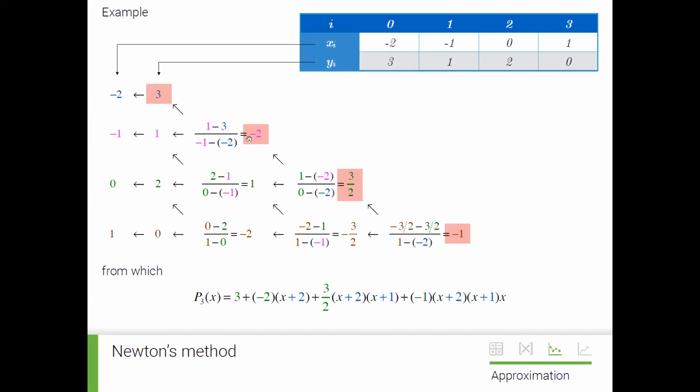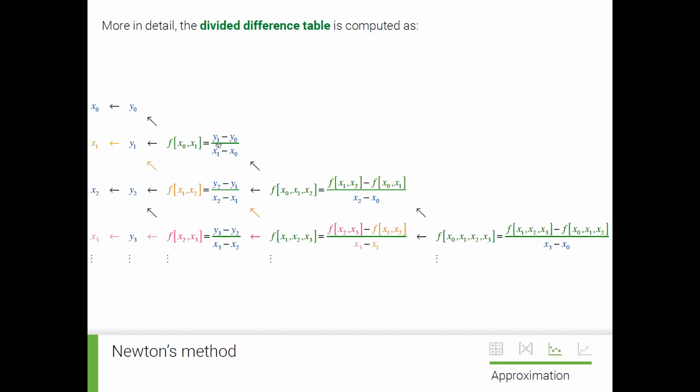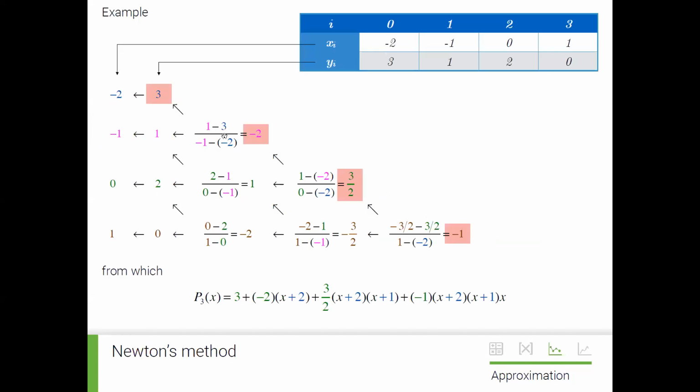And now let's find the corresponding coefficient to x1. So this is equal to, look here, from this formula, y1 minus y0 over x1 minus x0. y1 minus y0 is 3, and then x1 minus x0.